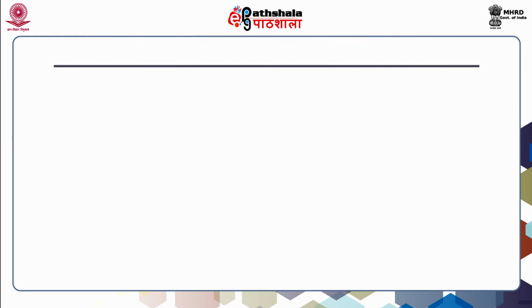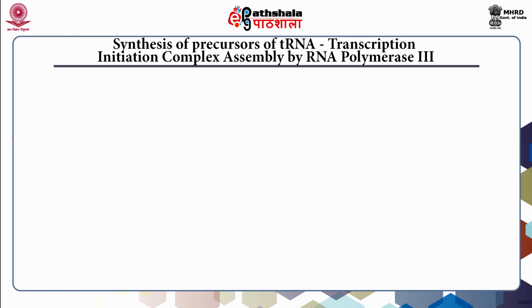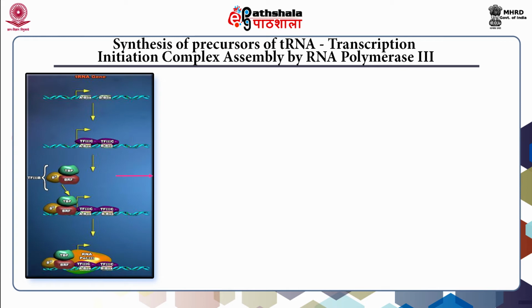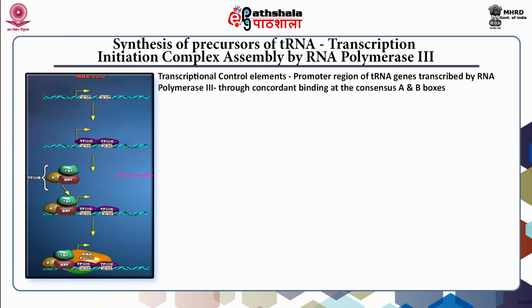The first event is the synthesis of precursors of tRNA by RNA polymerase III, which is also termed as transcription initiation. The transcriptional initiation process progresses through various steps as outlined in the slides. The promoter region of tRNA genes possesses two consensus sequences that fall downstream of the transcription start site.